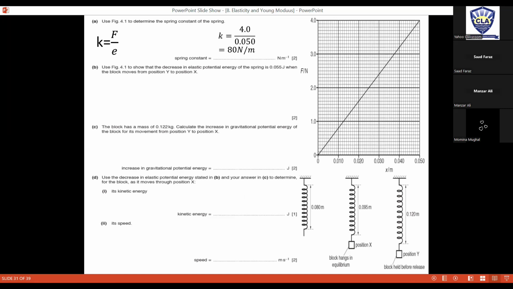Elastic potential energy is this much. We have to show that at position X. Extension, we have to find 0.095 minus 0.08. The extension is 0.04 for the second case, and in the first case, it is 0.015.